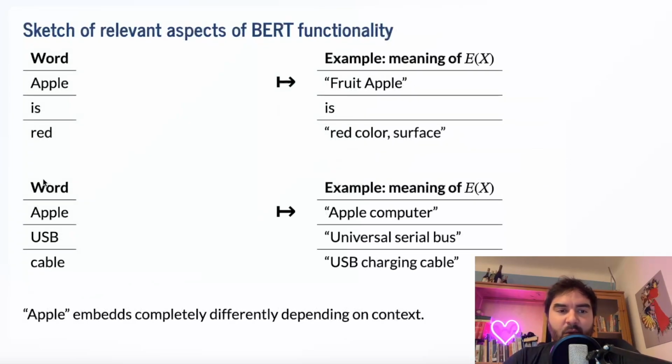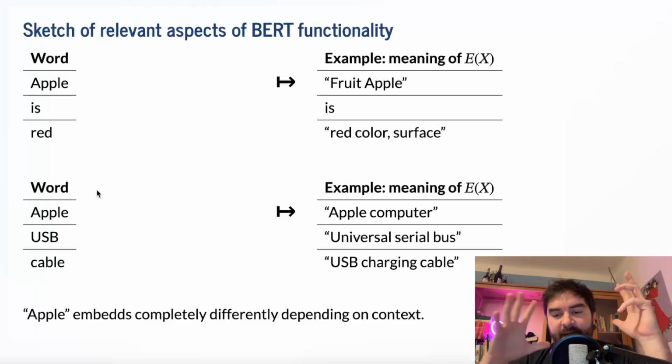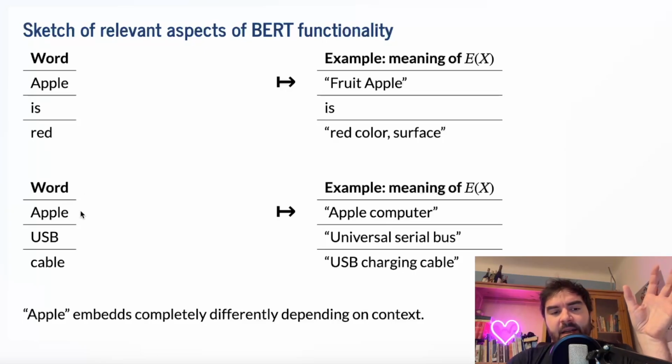Okay, and here are some more examples. If I say apple is red, I will think of an apple to eat. If I say apple USB cable, then I think of maybe my own laptop. And while the starting embedding, what I started with, these dots in 800 dimensional space, the tokens start at the same place, after the transformer call, after I hit enter and all the things run through in my script, the context associates completely different directions here.